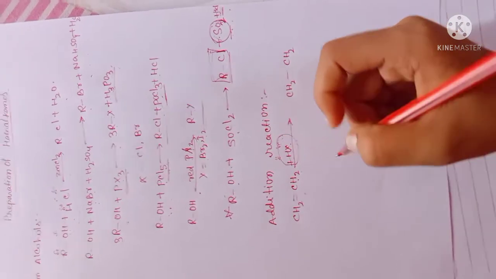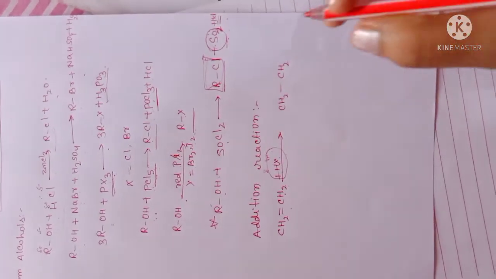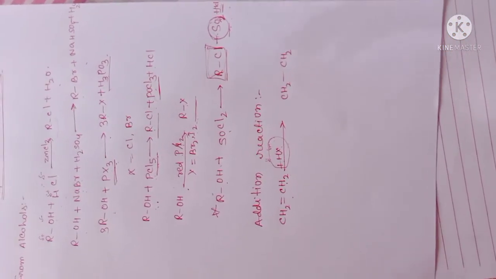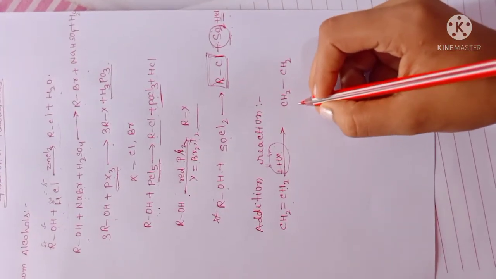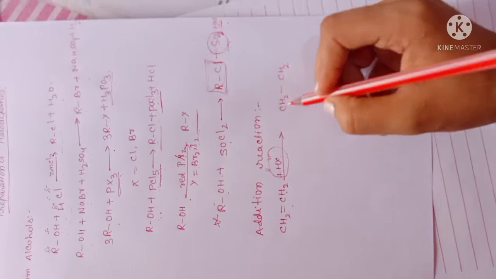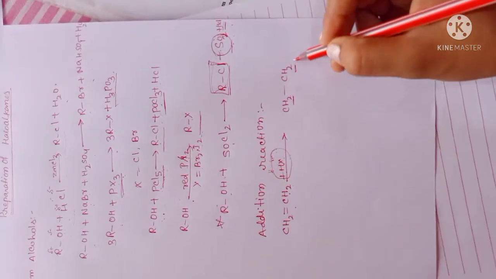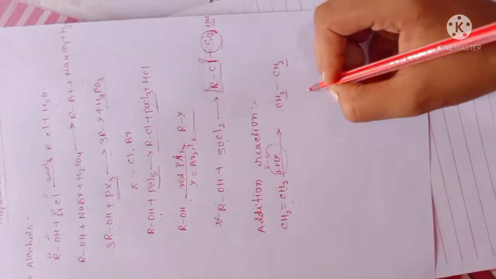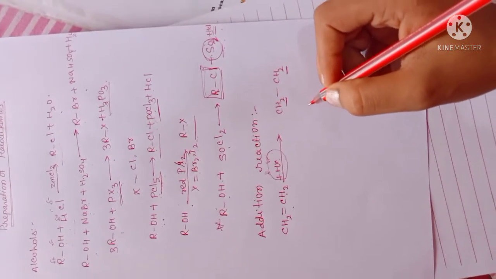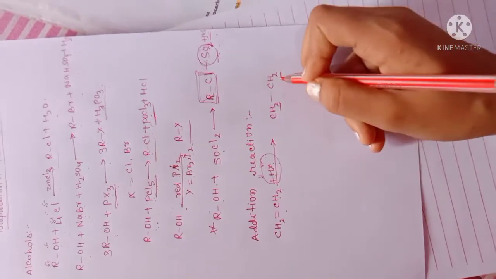Here we follow Markovnikov's rule, and at first you have to remember what happens in Markovnikov's rule. Here both carbons have 2 H. So you can put H or X anywhere, it doesn't matter, because Markovnikov's rule says that the atom which has more H gets the H, and the atom which has less H gets the X atom.